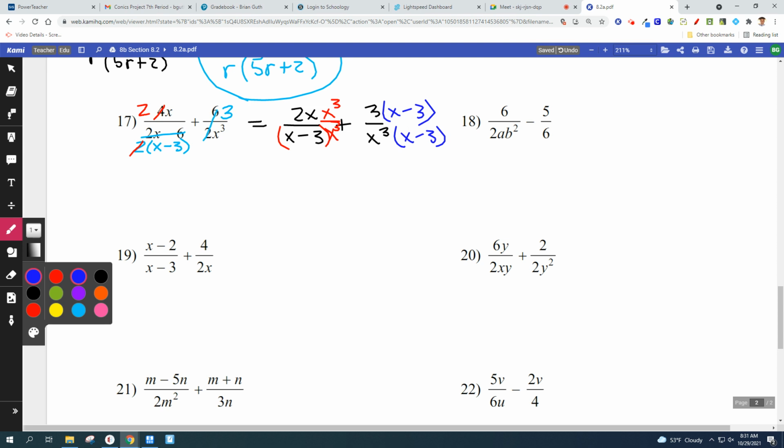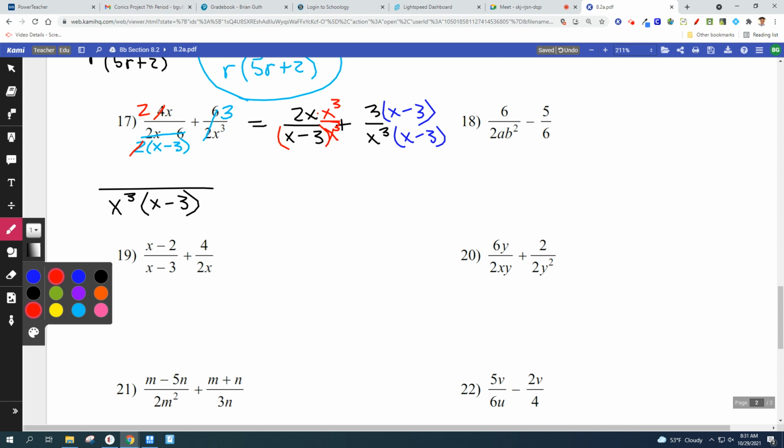All we're trying to do is make them the same. Okay. So the denominator now, both of them have an x cubed and an x minus 3. So that's the denominator.